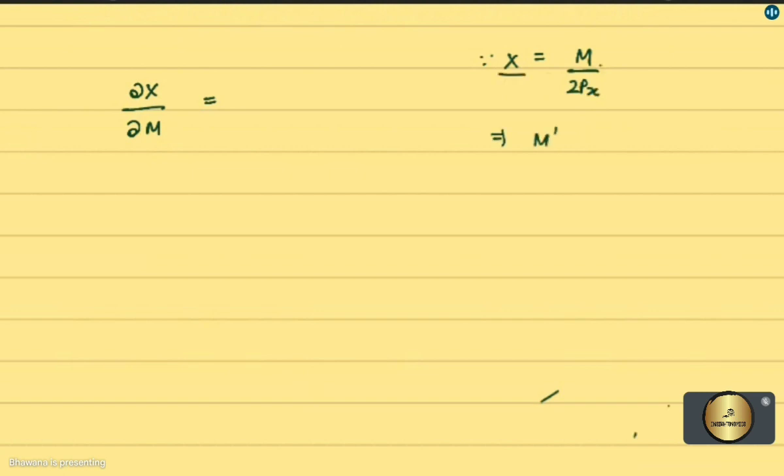As we know, the power of m is 1, so when we differentiate, 1 comes in front, we'll get 1 minus 1. Further expanding, 1 into 1 minus 1 goes down, m to m cancels out, and instead of m we'll get the derivative as 1.